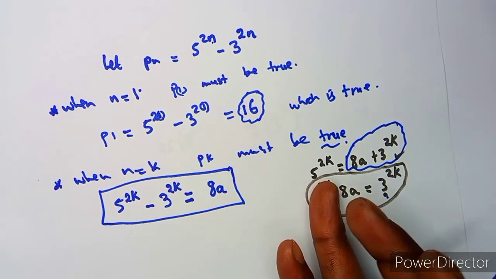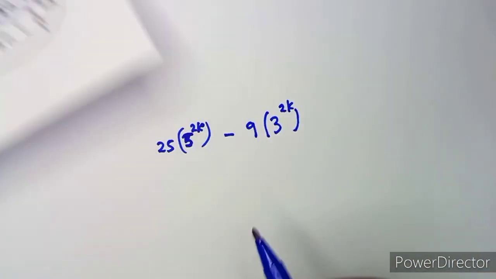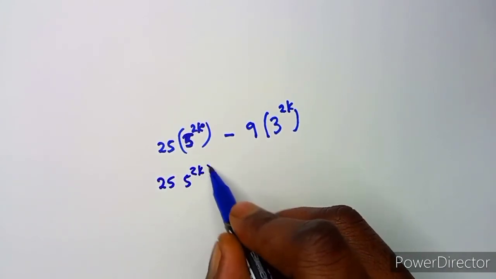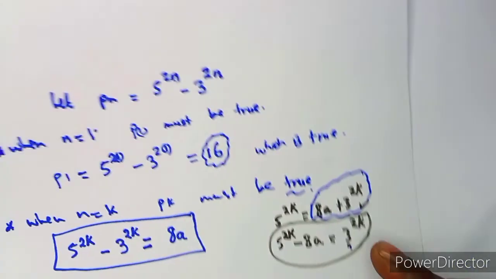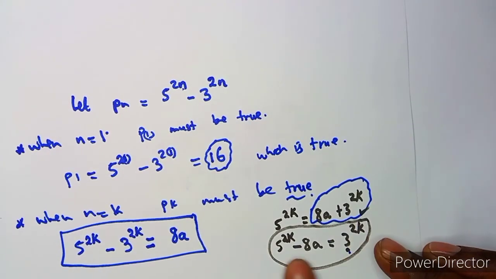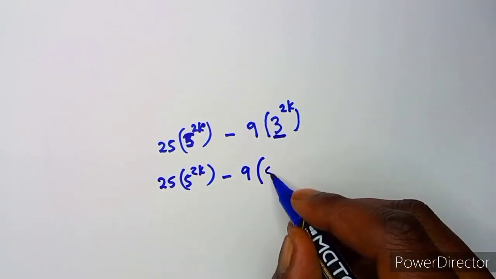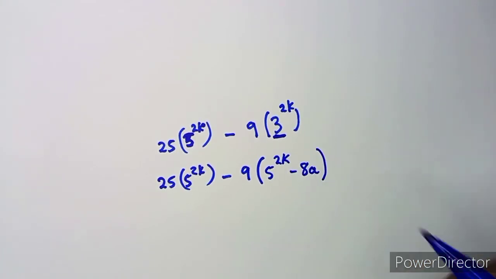So it was going to be 25 times 5 to the exponent of 2k minus 9, but you are now substituting in place of 3 to the exponent of 2k this value, 5 to the exponent of 2k minus 8a. So it's 5 to the exponent of 2k minus 8a, like that. That is what you could have done if you wanted to work it out this way.